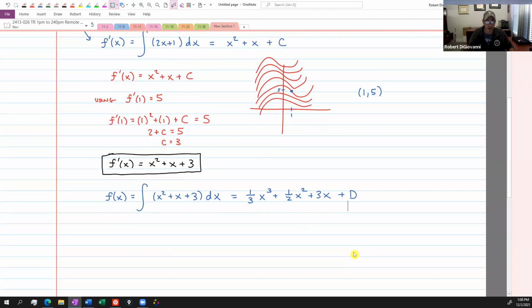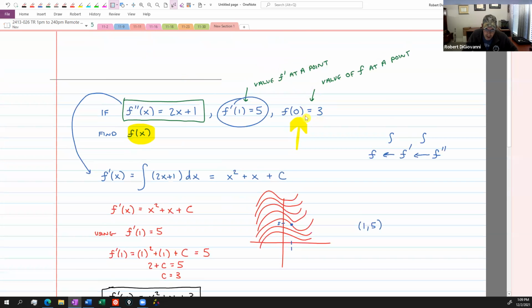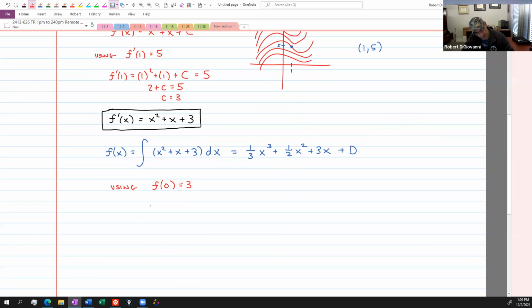Okay, so we know the original function. We know it's a cubic function, right? I know that. I know it's cubic. It's just which one is it, right? I need to figure out which of the family members it is. So we say, all right, well, using the fact that they told us that the original function at 0 was 3, we know that when we plug 0 into this function, well, that's nice, isn't it? Isn't plugging 0 nice? You get 0 cubed, 1/2, 0 squared, plus 3 times 0 plus d.